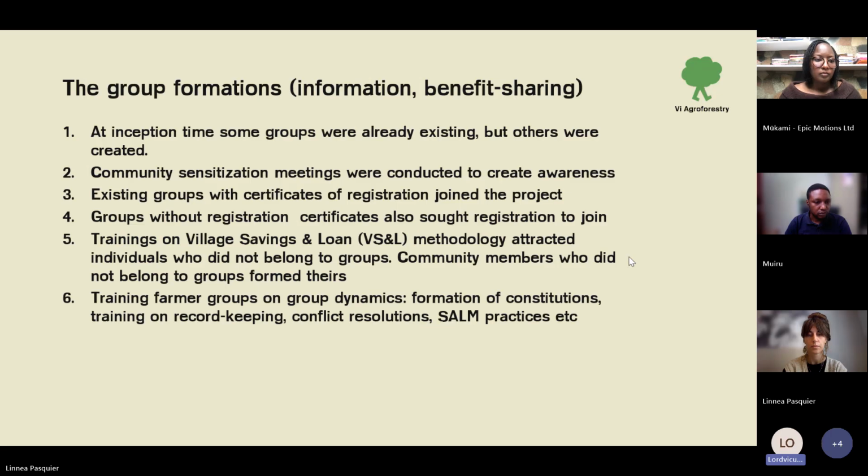So we mobilized the community and they were willing to join the projects. And in the process now, they agreed to form groups. So we have two different types of groups, those that we formed and the ones that we found there.